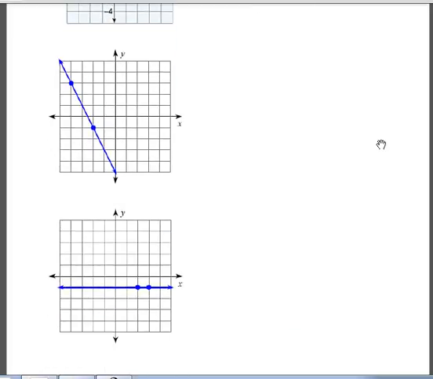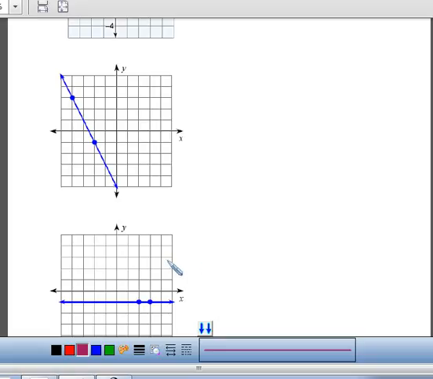Alright, so we have 2 more examples. The one on the bottom is kind of sneaky, so I might be interested to see if anybody can actually figure this last one out. We could go over it in class and I can show you the answer, but why don't you, for a couple extra points, figure this one out. Actually, these last 2, because there's no points on here. So you're gonna do the rise over the run first. I'll help you set it up.